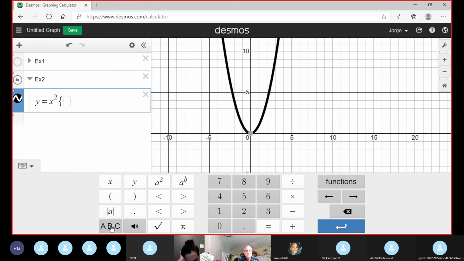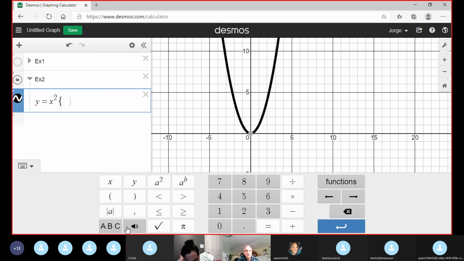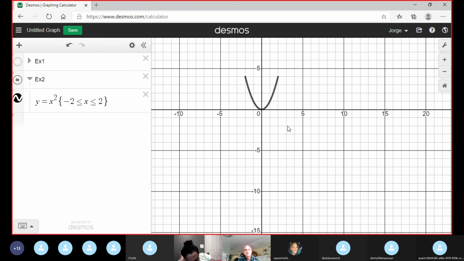However, we have it here in ABC, curly bracket. Look at that. I don't know why I prefer the keyboard. And you put a condition. The condition is -2 less than or equal to x, and less than again, 2. Boom. And this is my parabola.